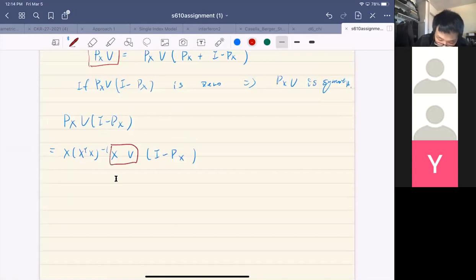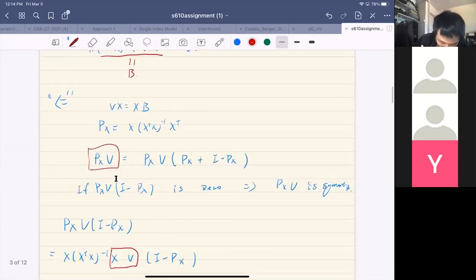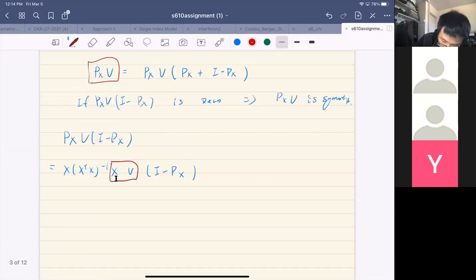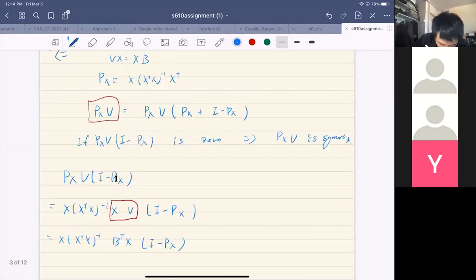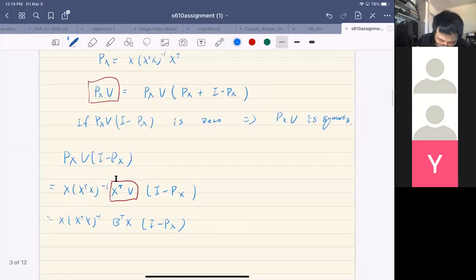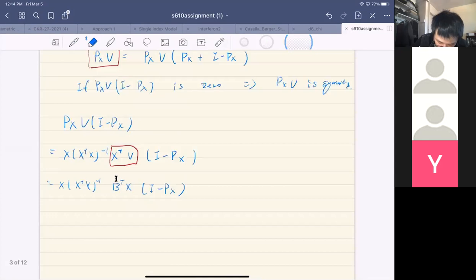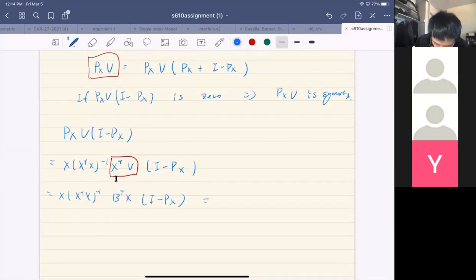And Vx, this can be equal to Px. So then this is 0.